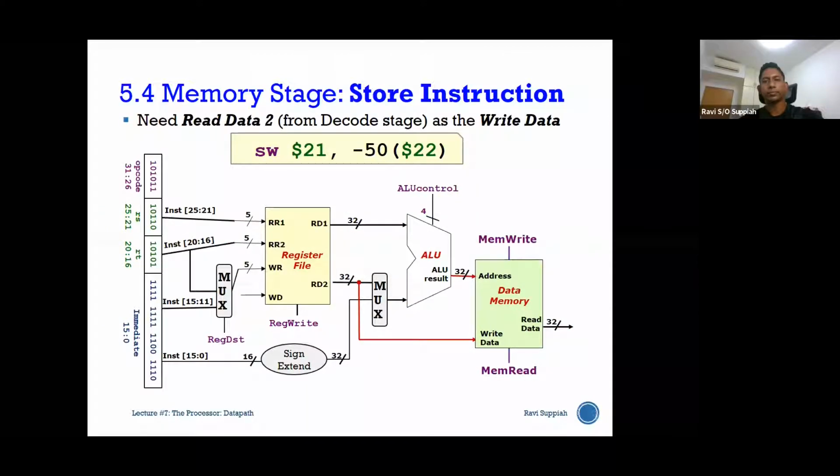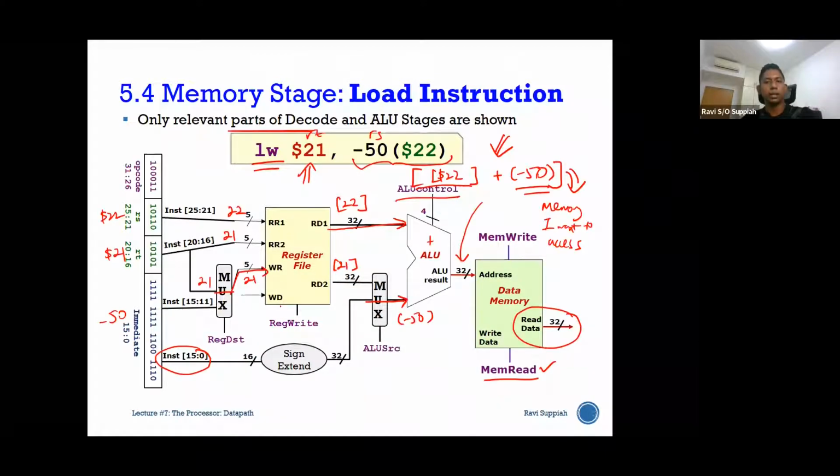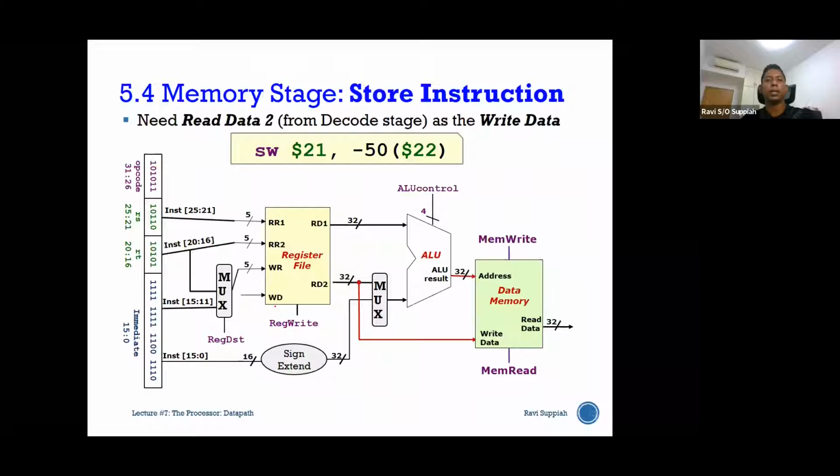Let's look at store word. We need to do some other modification. So let's first look at the store word instruction. The difference between this and this is what? It is exactly the same, except that load word becomes store word. So the RS and RT have not changed. This is still your RS and this is your RT.